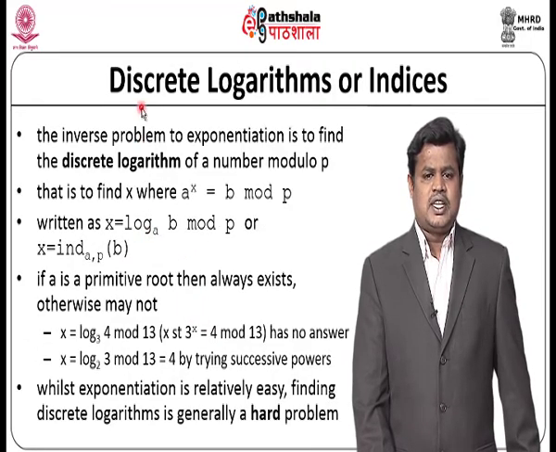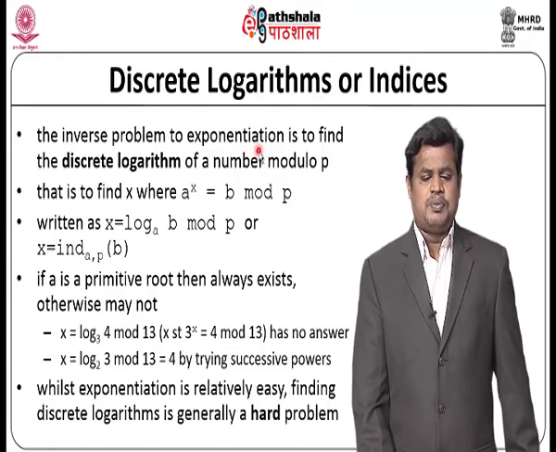So, what is the discrete log problem? That is the discrete logarithm. Usually in asymmetric key cryptography we use modular exponentiation for the encryption as well as the decryption process.